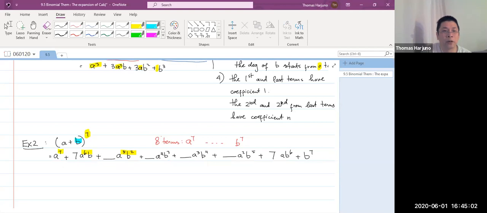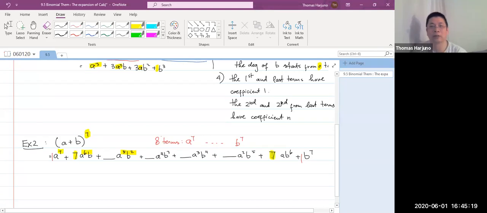The first term and the last term have coefficient 1. So we have coefficient 1 here, coefficient 1 here. The second term and the second from the last term have coefficient n.